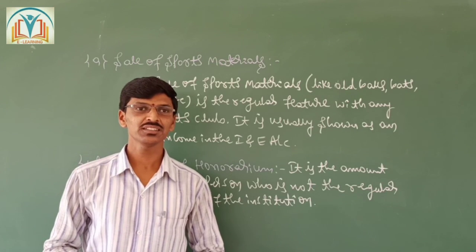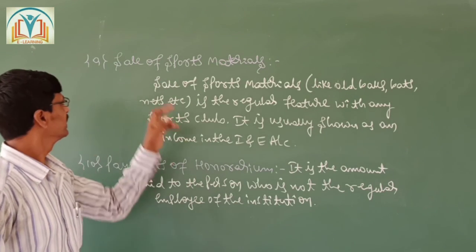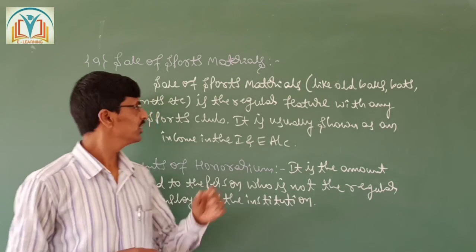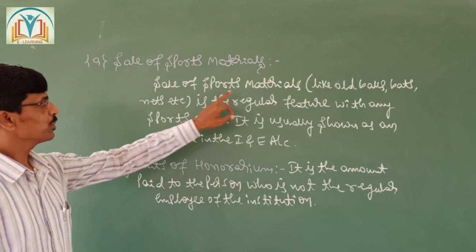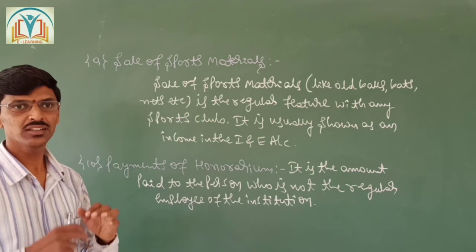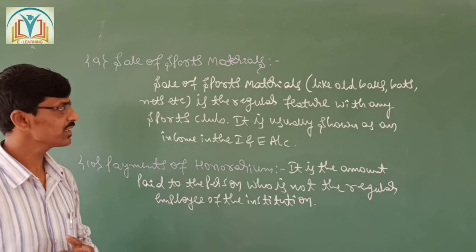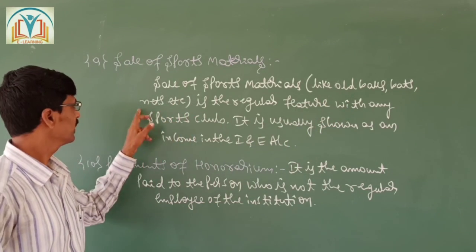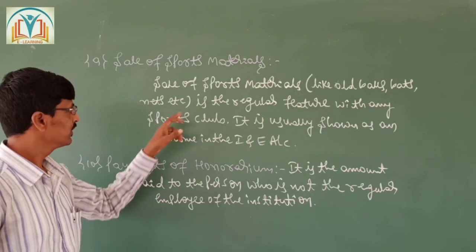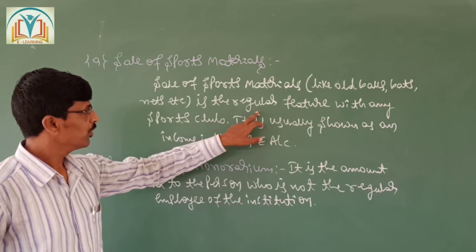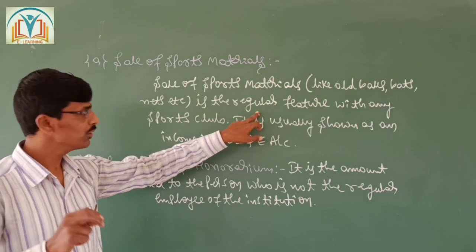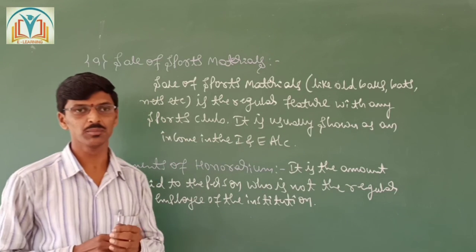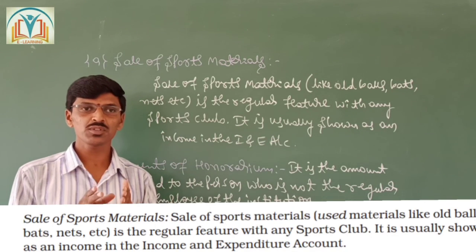Then the ninth transaction is sale of sports materials. The sale of used sports materials like old balls, bats, nets, etc. is regular in nature with any sports club.